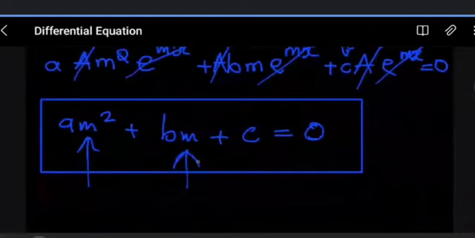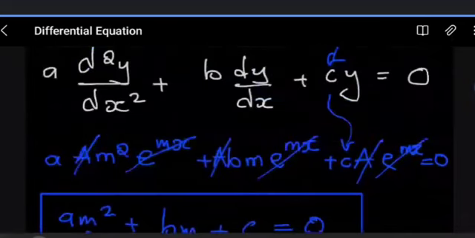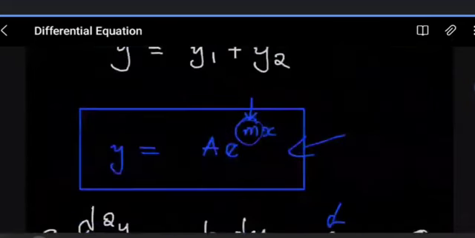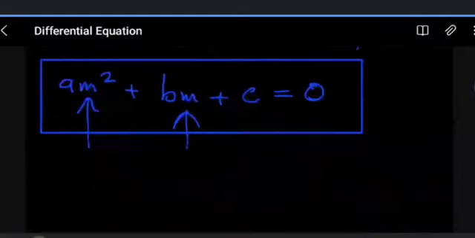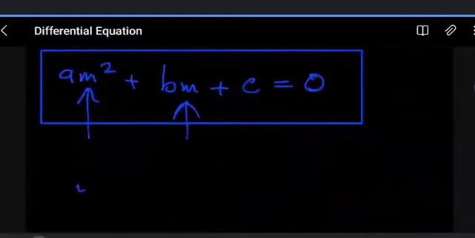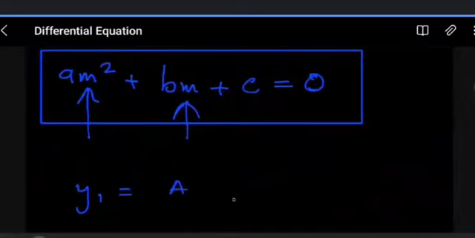Because when you look at this, this is just a quadratic equation, and we can now use this to find what the constant m in this general solution is going to be. Now, when you work out that expression to figure out what m is going to be, this being a quadratic equation, it's only right that you expect two values of m, so that in the end, when you try to find the general solution, you're going to have the first solution y equal to a, then when m is one value, you're going to have e to the power m1x, and then this becomes the first solution.